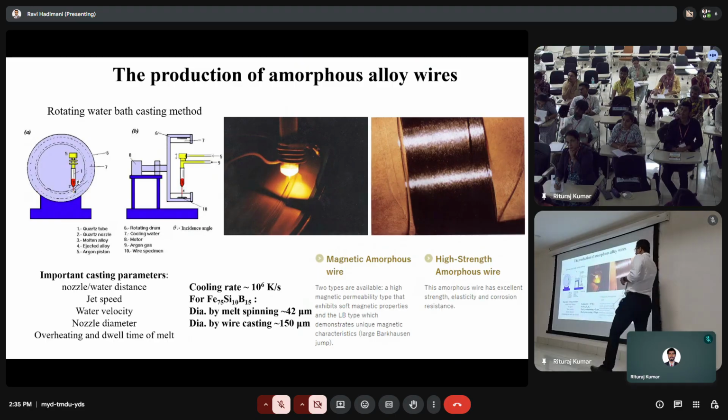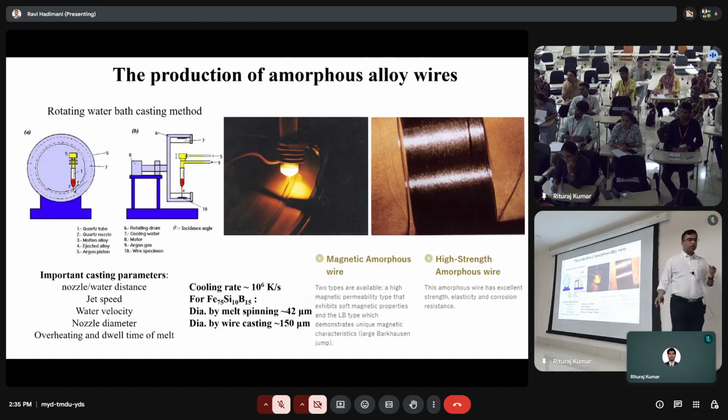Amorphous materials were not widely explored before, but they have good mechanical and magnetic properties that are quite useful. And you can also tune their electrical properties by heat treating.